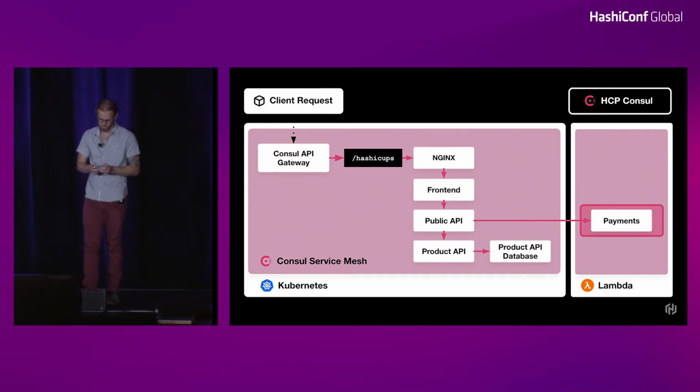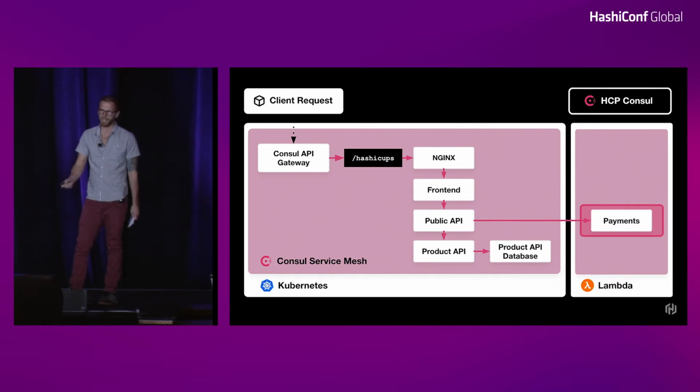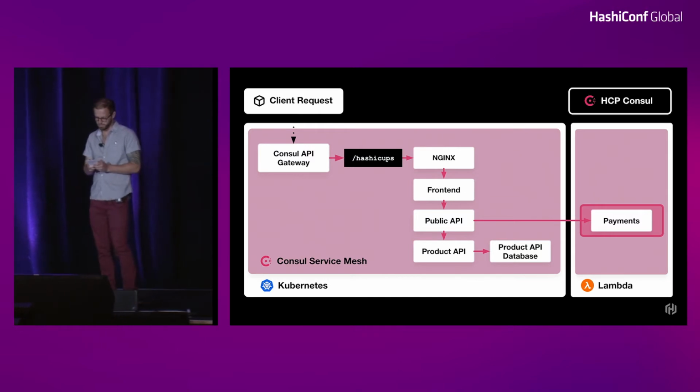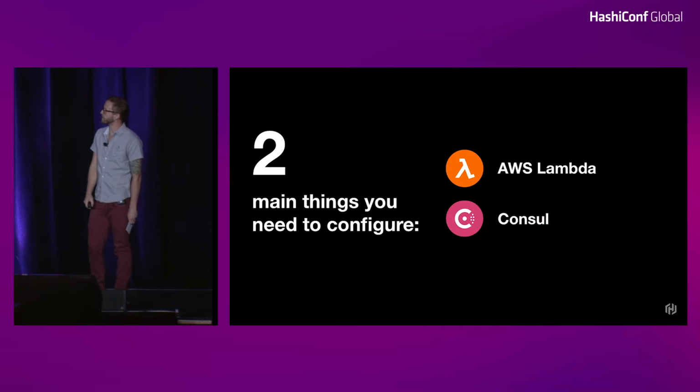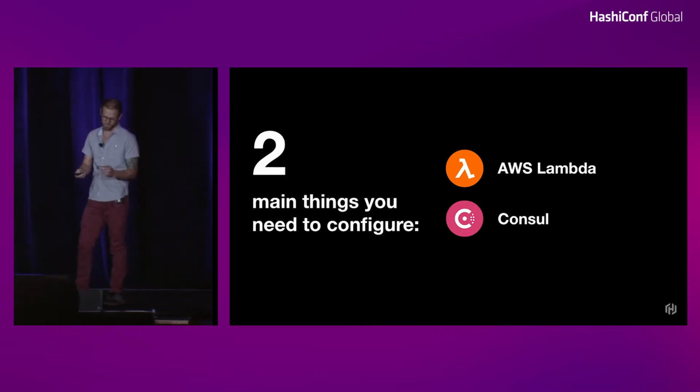So the question becomes, how do we add resilience while maintaining the security and the convenience of the service mesh? And part of this is we have to do two main things. To get that, we essentially have to configure stuff in Lambda and stuff in Consul. And what we're going to do is show you what those items are and some of the details.